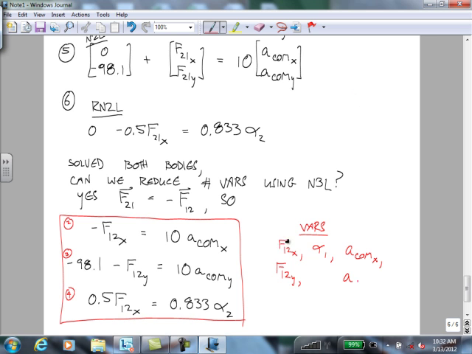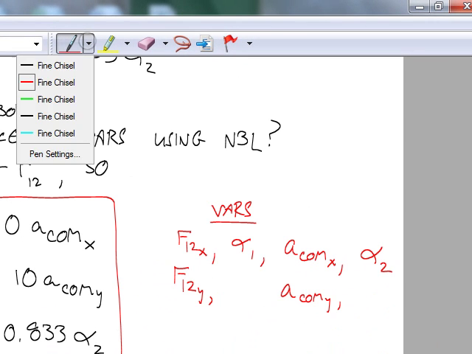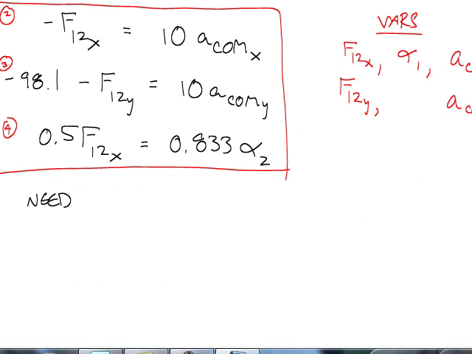And then we also have the angular acceleration of body 2. Okay, so can we solve this system? No, we have 6 variables, 4 equations. So we need 2 constraint equations. That's one 2-dimensional vector constraint equation.